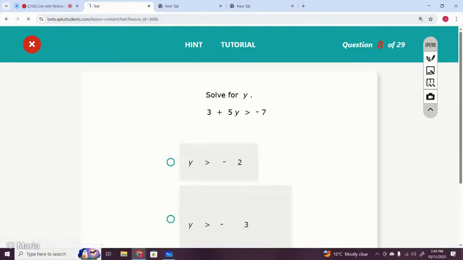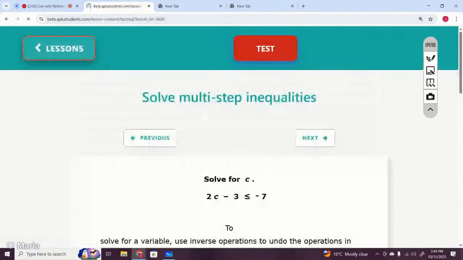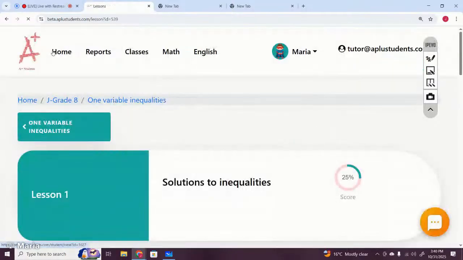Okay, you can complete the lesson by yourself later today. We were working on Create Math. The chapter we were working on is the one with inequalities.